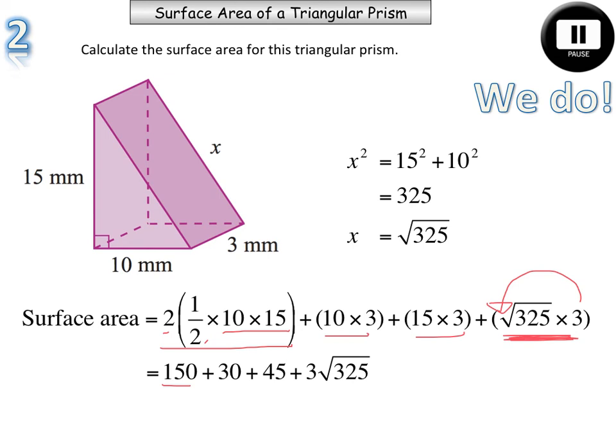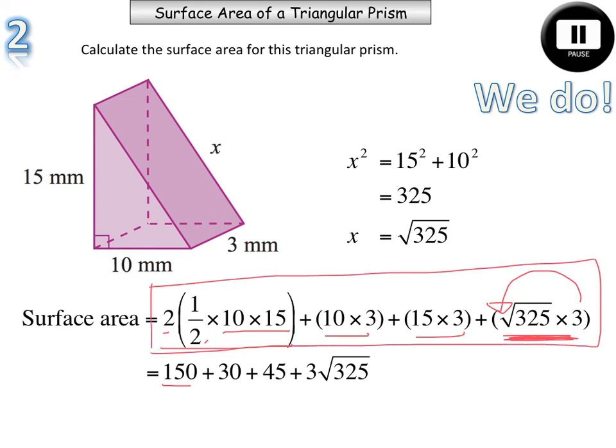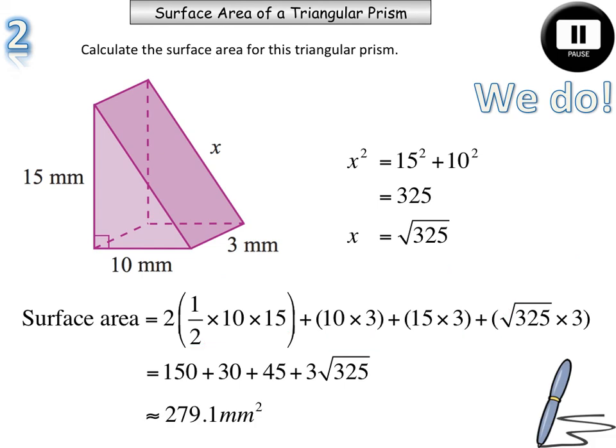It's like algebra. If you have x times 3, we write 3x. This is something very similar. You could just work this out on the calculator and get your answer. And your answer is 279.1 square millimeters, rounded to 1 decimal place.